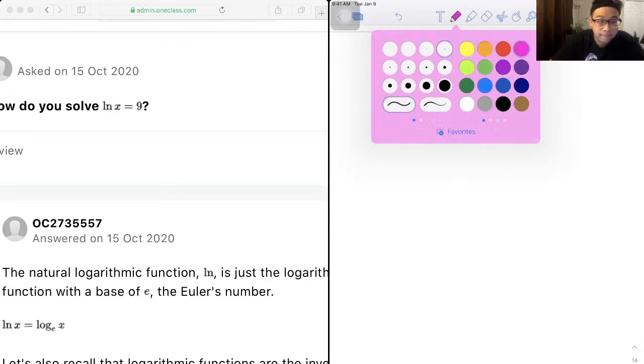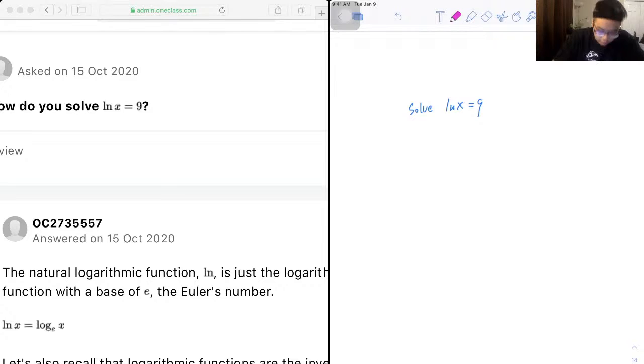So recalling what ln is, it is the natural log function, denoted as ln, and it's just the logarithmic function with a base of e.